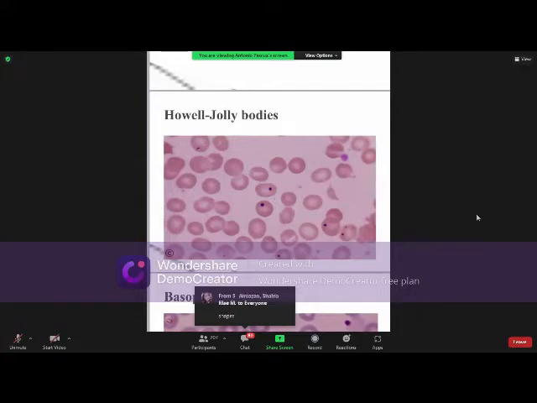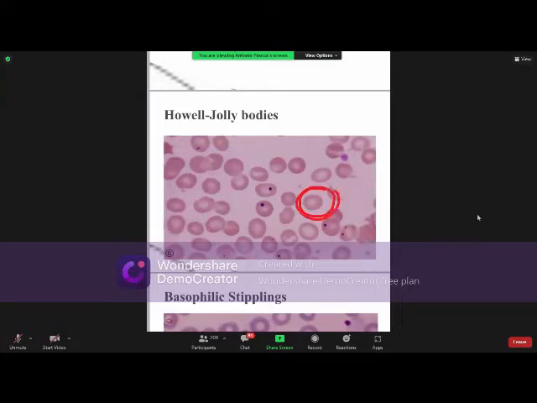Okay? So for today, as a continuation of red cell morphologic abnormalities, we are going to deal with certain inclusion bodies. If you take a look at a normal red cell under a right stained blood smear, you have just a simple pallor area. How much pallor area? 1/3.